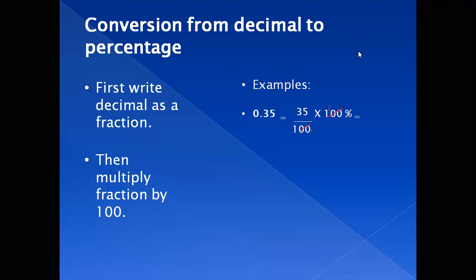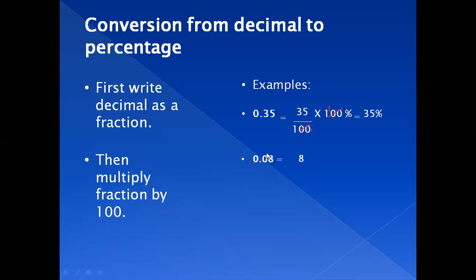Now the next example, 0.08. First we will convert this decimal number to a fraction by moving the decimal point twice forward. And how can we move that? By dividing it by 100.